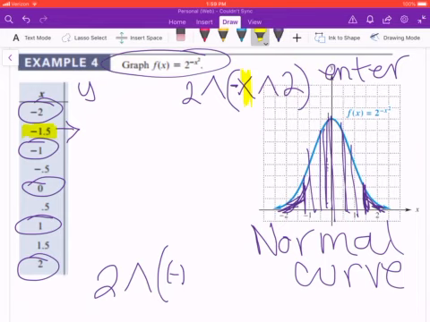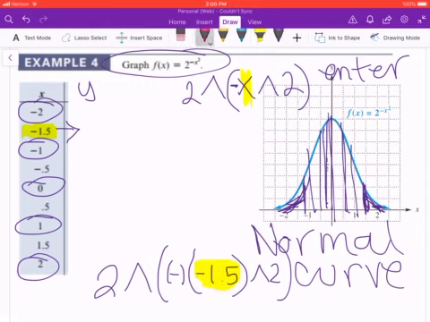You can see that one is negative itself, so I'm going to put it negative, and it will be negative 1.5, and then I will square that, like that. So that's how you will enter it on the calculator. This is the x value that I am replacing. This negative here is coming from this negative.